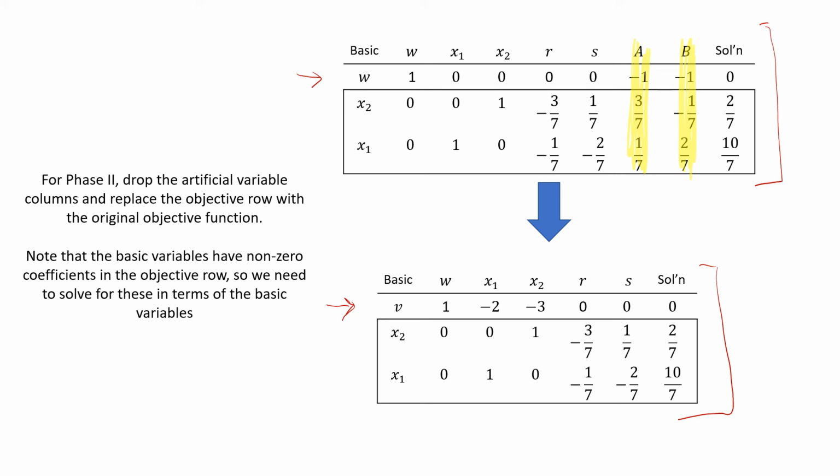Our original objective function here was to maximize negative 2x1 minus 3x2. Notice that that is back in here. So at the same time as we drop our artificial variables, we replace the objective function with the original one, which is what we're trying to solve anyways.